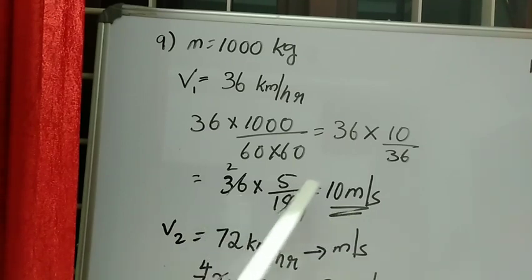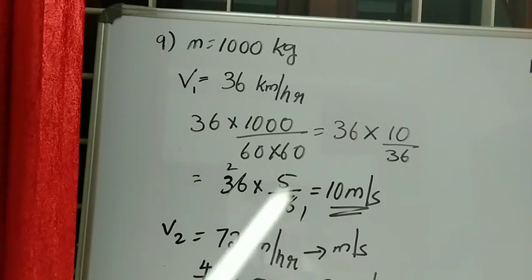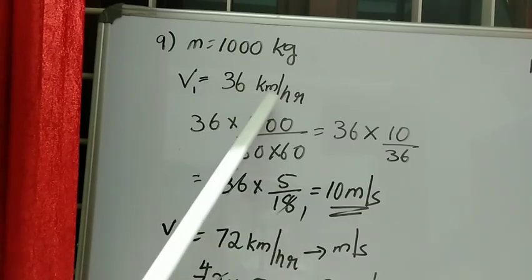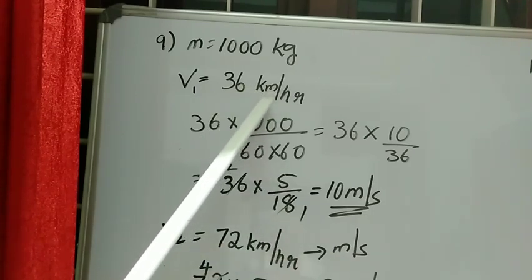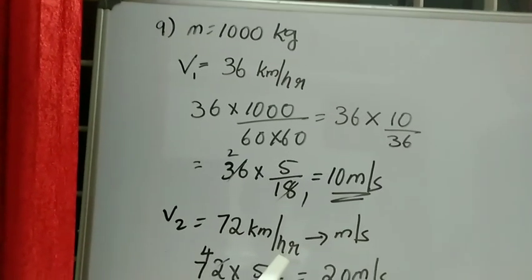So 36 into 5 by 18. 18 into 2 is 36, so it will get cancelled. 2 into 5, 10 meter per second. So 36 kilometer per hour converted to SI unit becomes 10 meter per second. Same way we are going to convert 72 kilometer per hour. Again we don't need any steps.